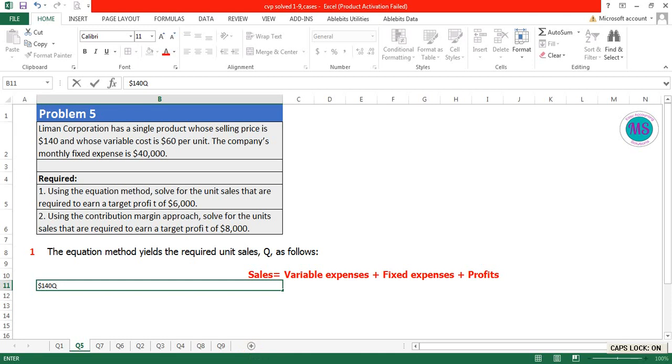We write sales equal to variable expense, 60Q, plus the fixed expense of $40,000, and my profit is 6,000.